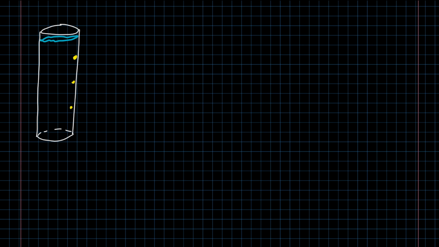From each of those holes, the fluid will flow out, and the rate at which it flows out is going to change depending on the pressure at that point. So we need to know a couple of pieces of information. Let's say that each hole has a diameter of 0.4 centimeters.